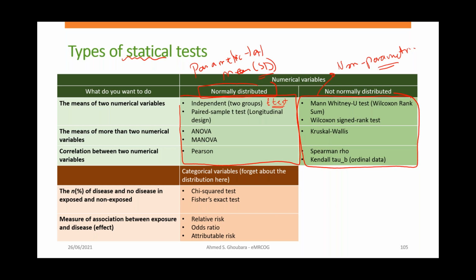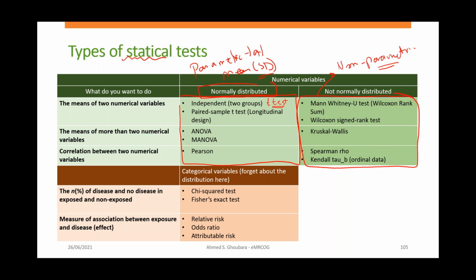There are so many types of t-tests, but for the purposes of this moment, the t-test compares two means. Are you clear with me? Okay, you get step by step. The t-test compares the mean weight of males and the mean weight of females.